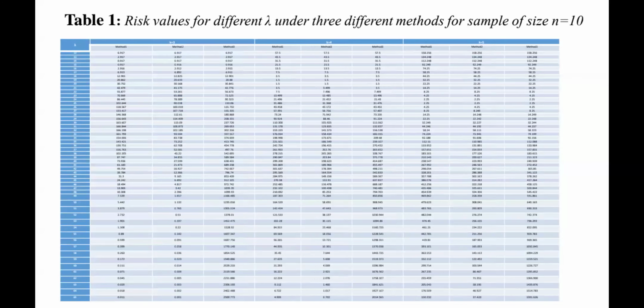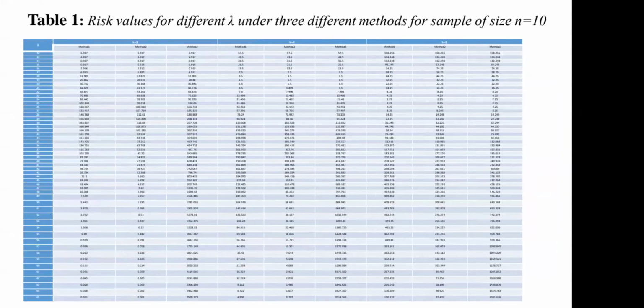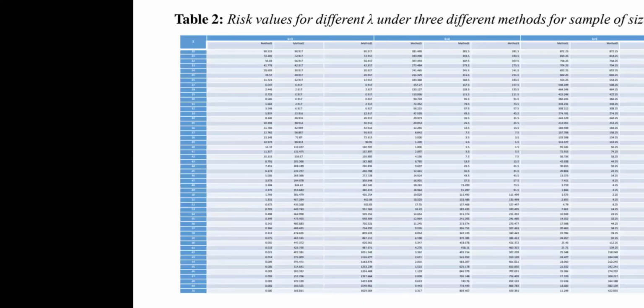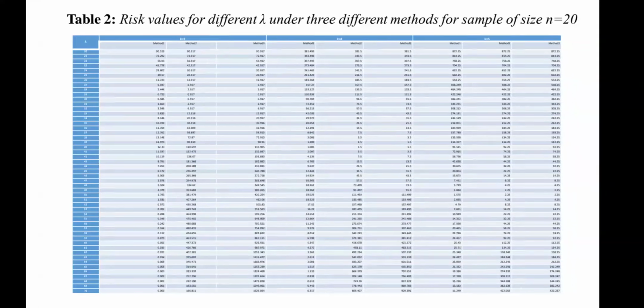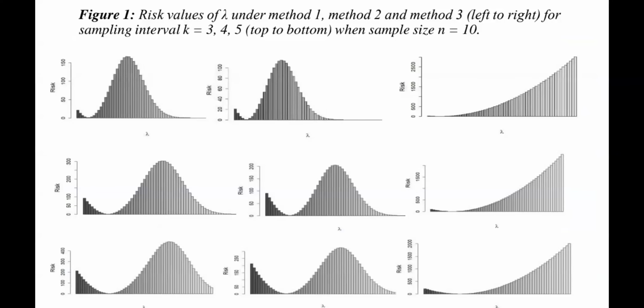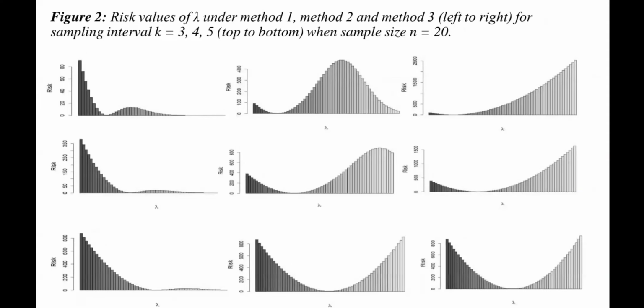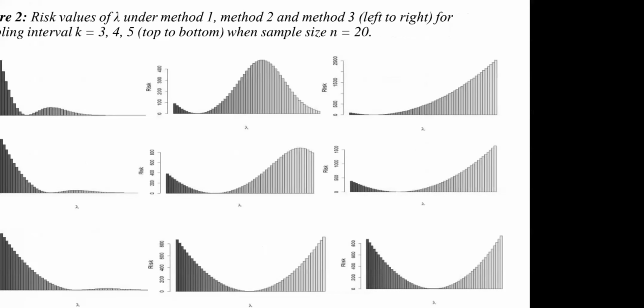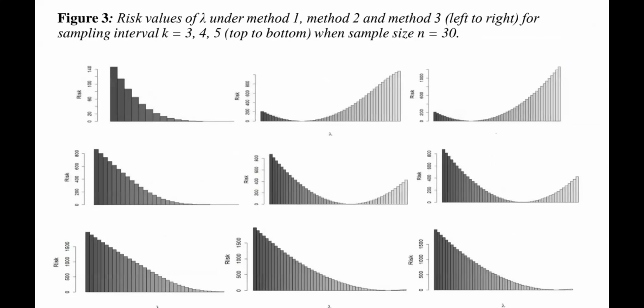These are the results we have obtained using R programming. These are different tables for different risk calculations, and our graphs have come out like this. All of this has been done using the R programming language.